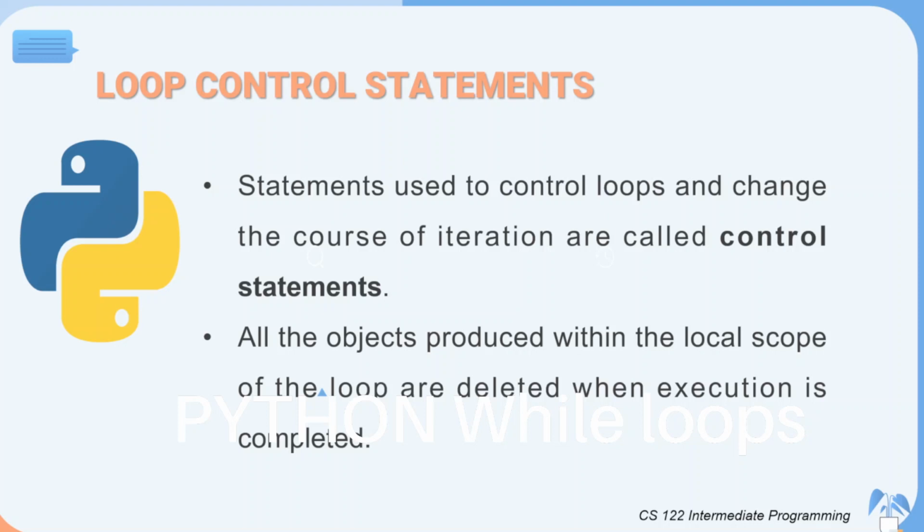And all the objects produced within the local scope of the loop will be deleted every time there is an execution, or when the execution is completed. Now you might be asking when to use the while loop and when to use the for loop.